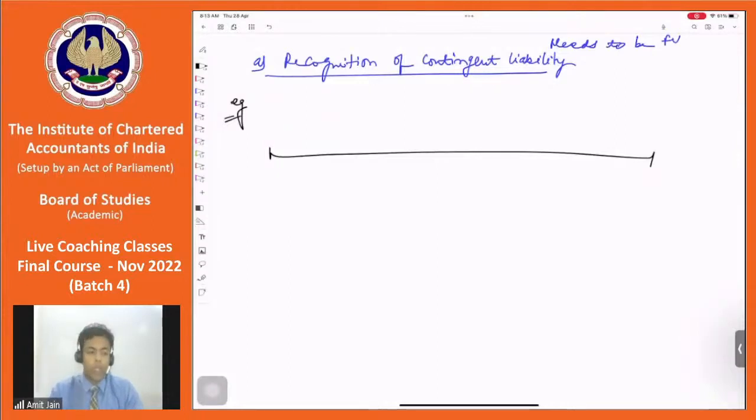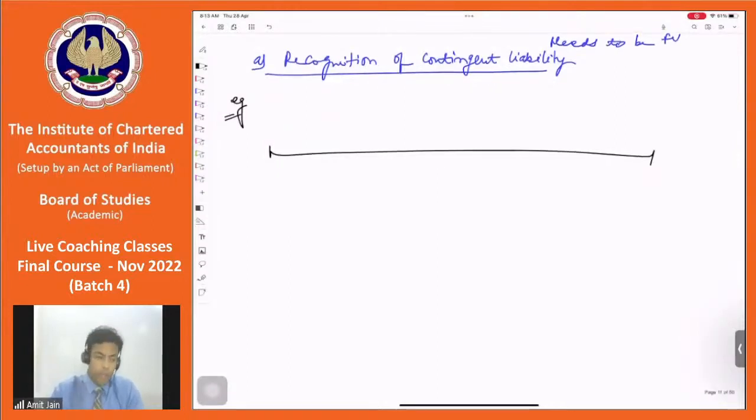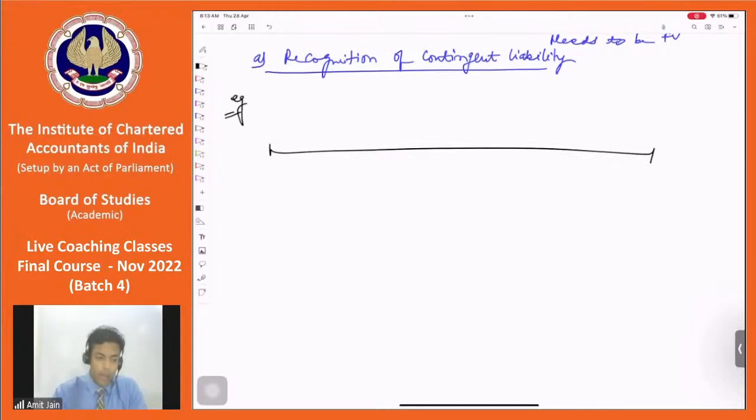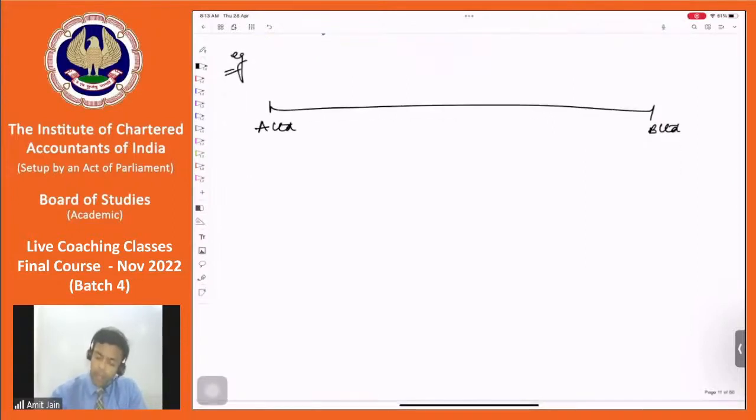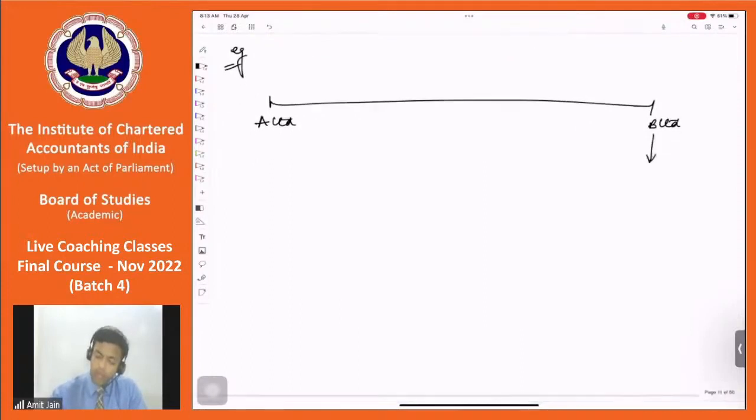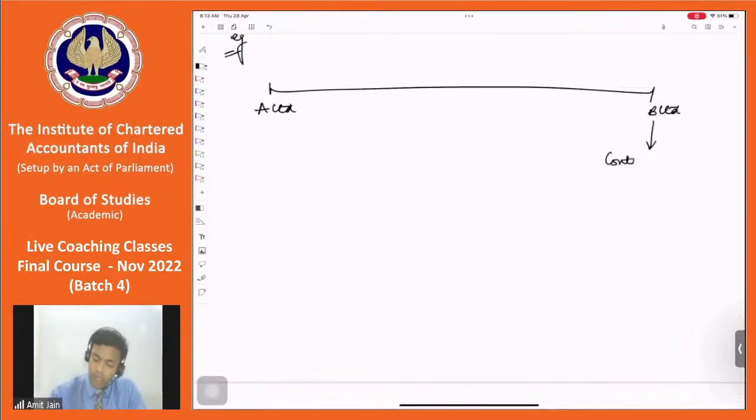Only then you can retain for a longer time. Let's say A Limited is acquiring B Limited. B Limited has a contingent liability of 100 crores.